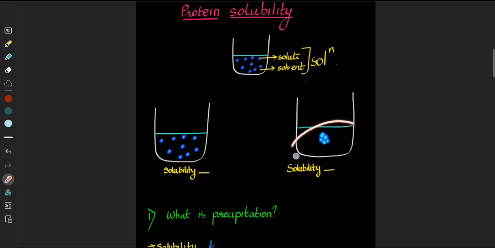But in this case, rather than forming bonds with the water and being dispersed equivalently, it seems like the proteins have formed bonds within themselves. That means they have formed an aggregation of their own molecules.